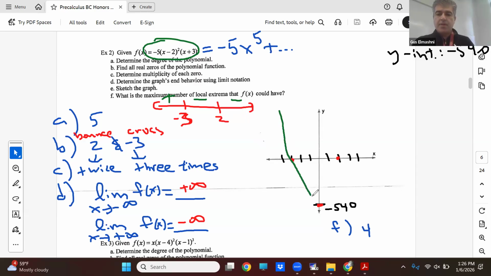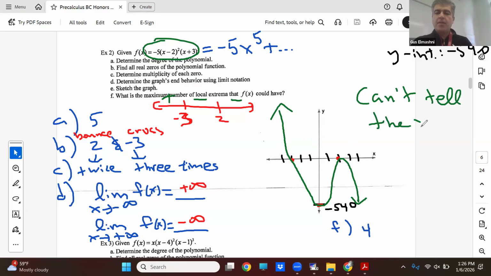Cross, hit this here. Now, do I truly know the low point's -540? I don't. So we can't tell the exact location of the extrema right now.